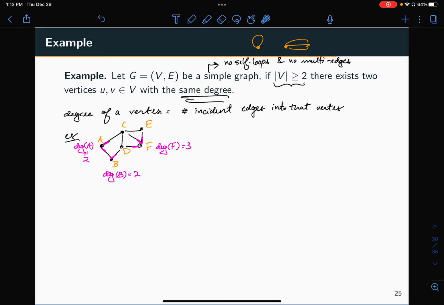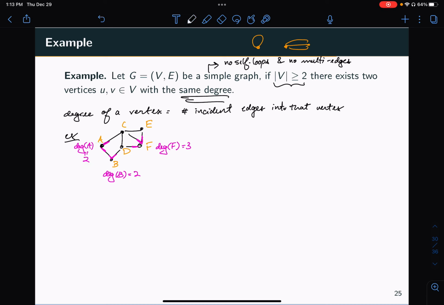You have this graph, some graph G. It definitely has at least two vertices. Now, the statement is saying that there are at least two vertices with the same degree. And we see that this is definitely true in this case. We can look at vertex A and vertex B, and we notice immediately that the degree of A is 2 and the degree of B is 2. And so A and B are two vertices with the same degree.